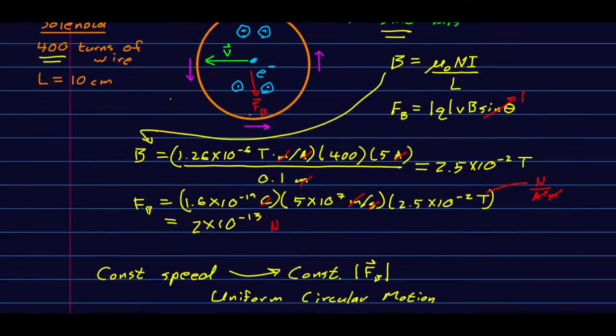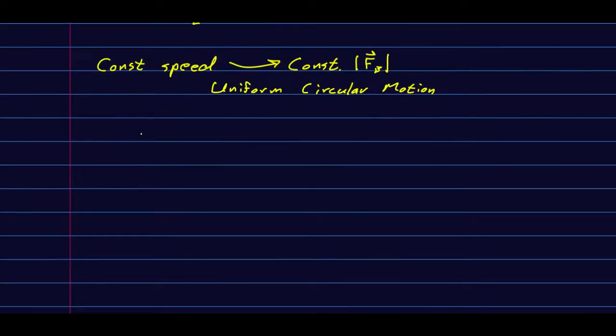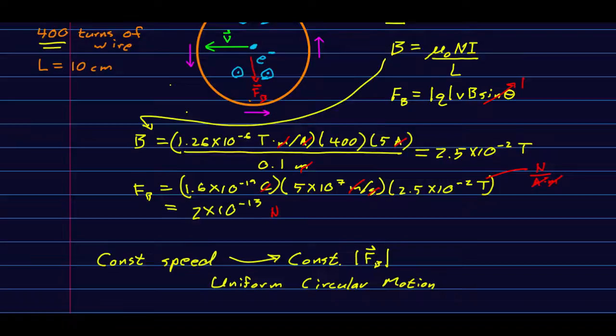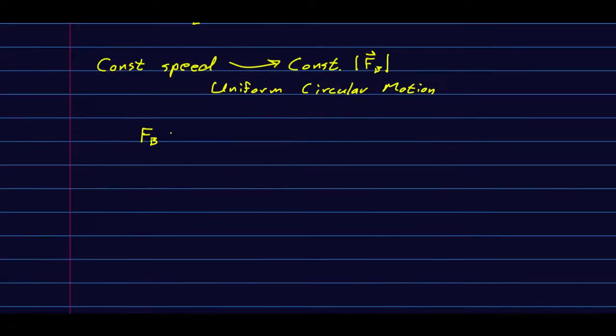Well, let's find the radius of that circle. We know then that the F_B is the only force acting on this electron, and so that is the net force. And the net force in uniform circular motion is equal to mv squared over r.